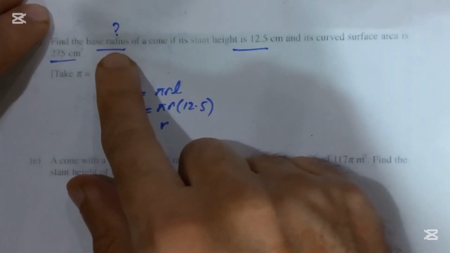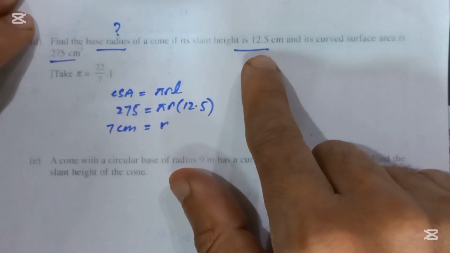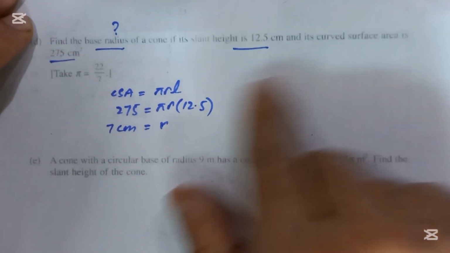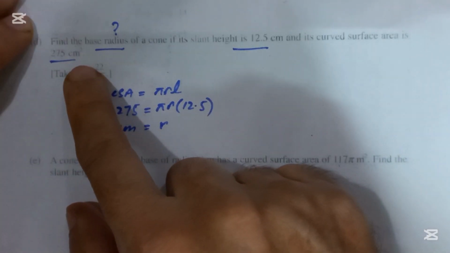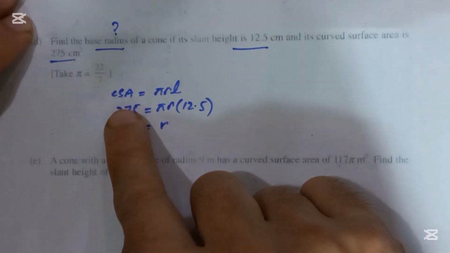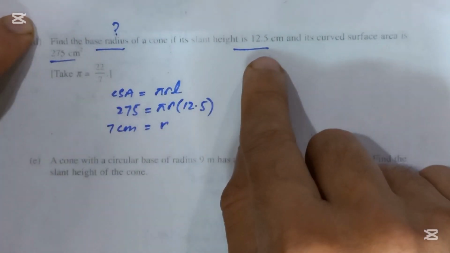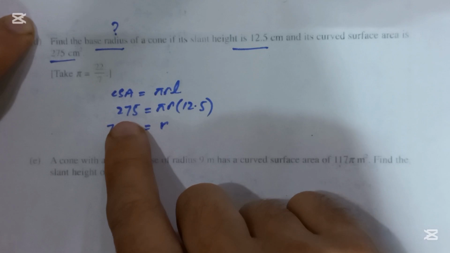In D part, find the base radius of the cone if its slant height is 12.5 and the curved surface area is 275 centimeter square. The curved surface area is given, so we will put the formula of the curved surface area, that is pi r l. Curved surface area is 275.